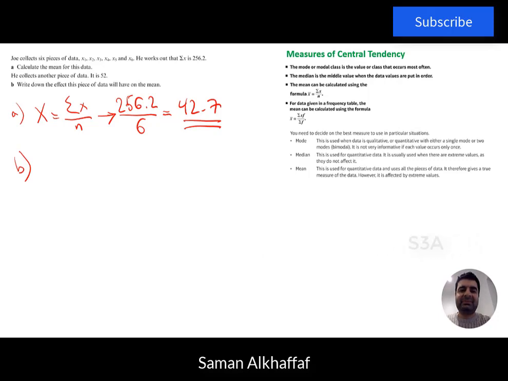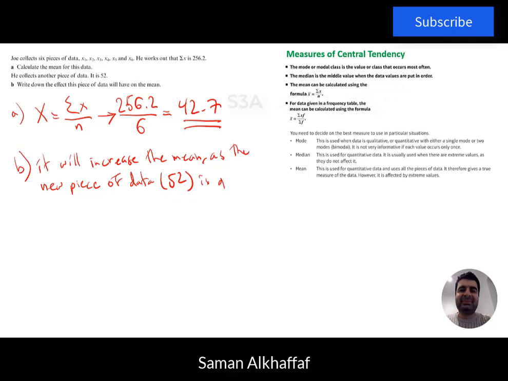So we say it will increase the mean, as the new piece of data, which is the 52, is greater than the old mean, which was 42.7, which we found in part A. And this will be our answer for this.